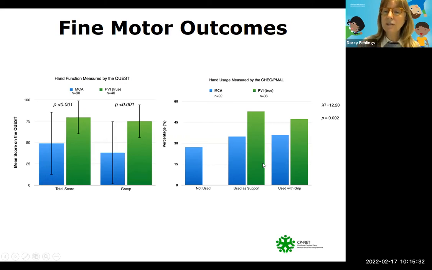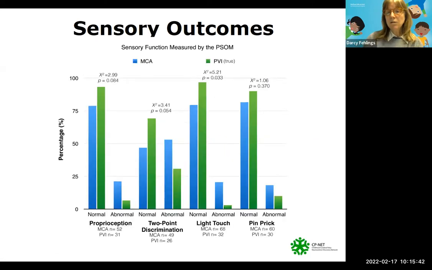And then hand usage was also better for children with periventricular venous infarcts compared to children with MCA injuries. We also looked at sensory information, and we found again that children who'd had the periventricular venous infarcts had higher sensory function across proprioception, two-point discrimination, light touch, and pinprick.